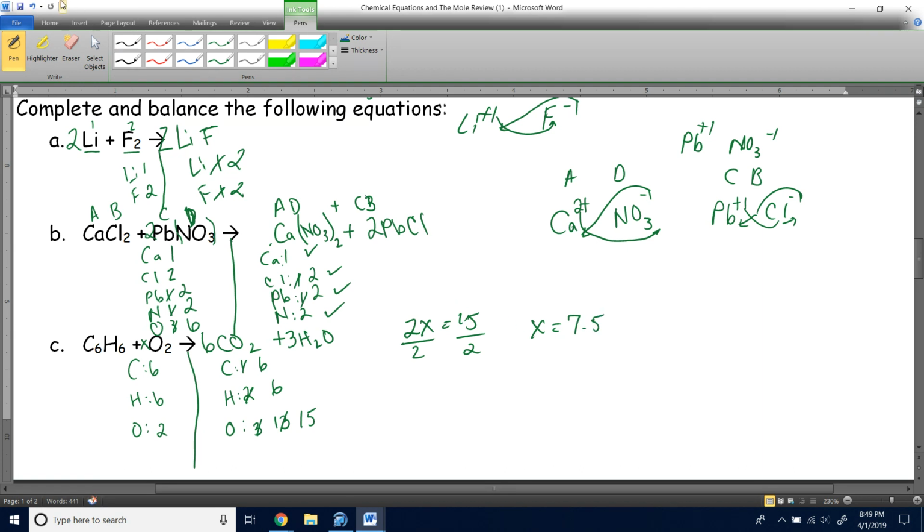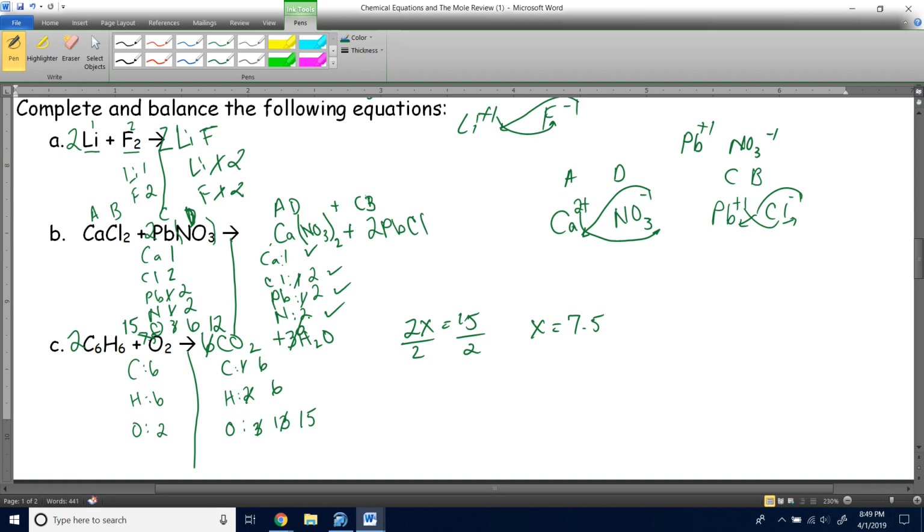So now we get rid of this x because we already know it's going to be 7.5. But we multiply everything by 2 because we want everything to be a whole number. So this turns into a 2, this turns into 15, this turns into 12, and this turns into 6.